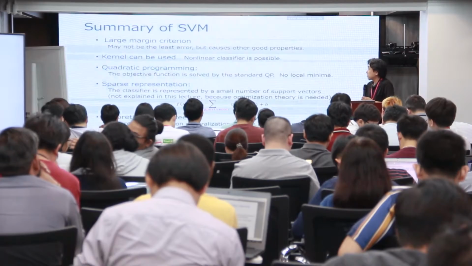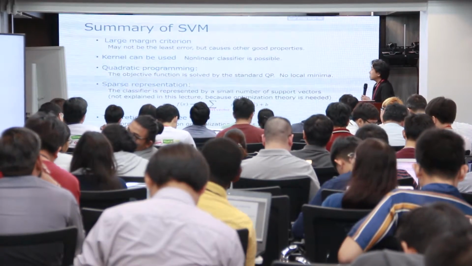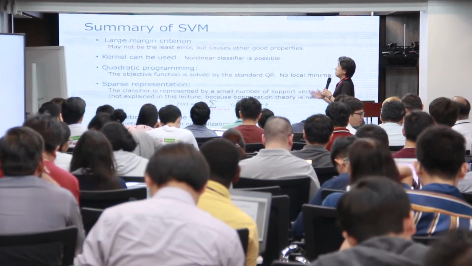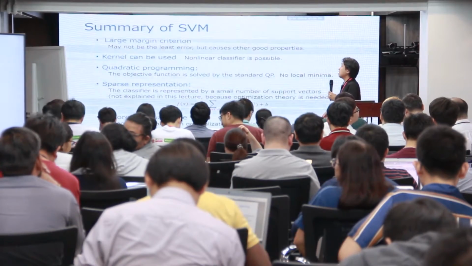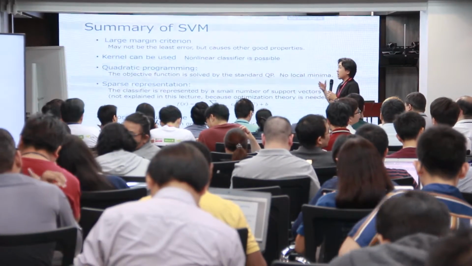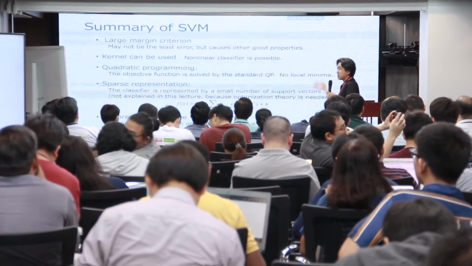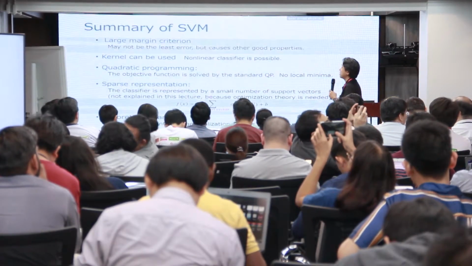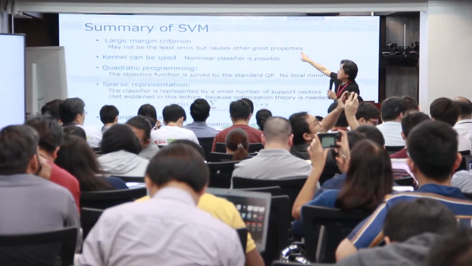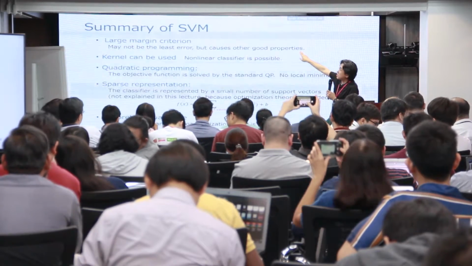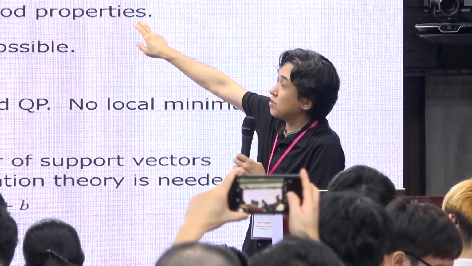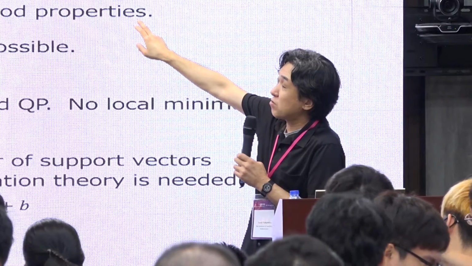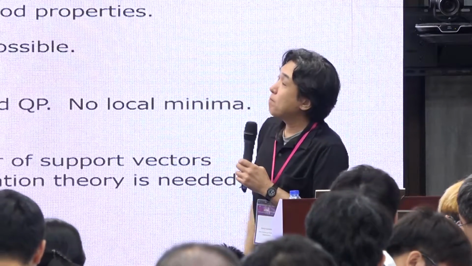So here's a summary of support vector machine. Support vector machines are basically proposing the kernel thing and the linear thing together in the original paper. The linear method was already new, and that is called large margin classification.